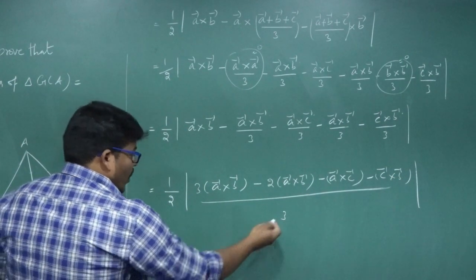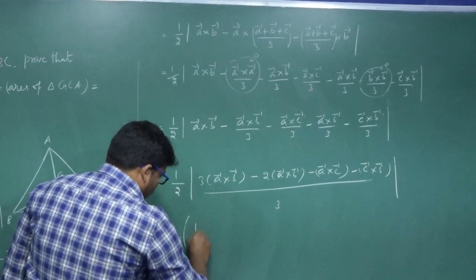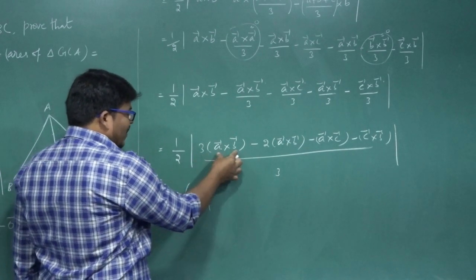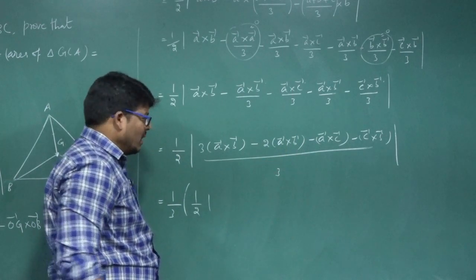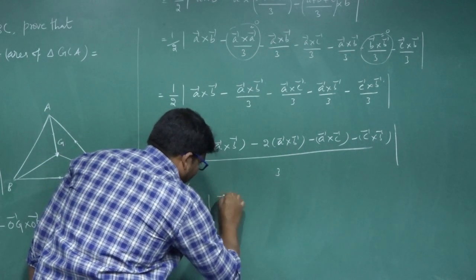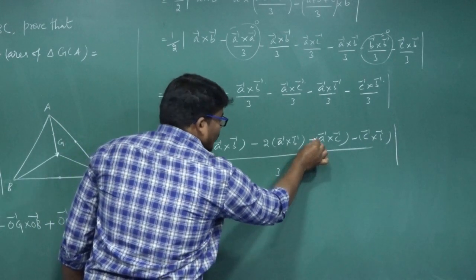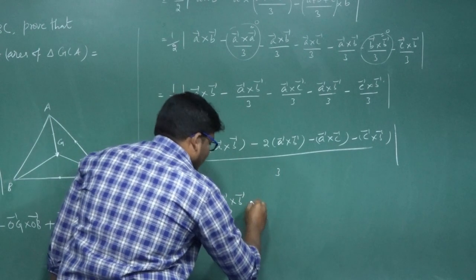That is equal to 1 by 3, taking outside 1 by 3 into 1 by 2 times 3 times A cross B minus 2 times A cross B, which is 1 times A cross B, A vector cross B vector. The next one, minus A vector cross C vector, is now interchanging: C vector cross A vector.